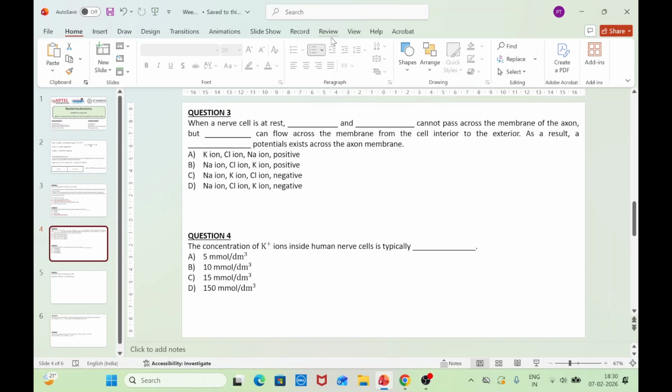Okay, so one of you has told option D as the right answer. Does anyone have a different answer, or is option D correct?